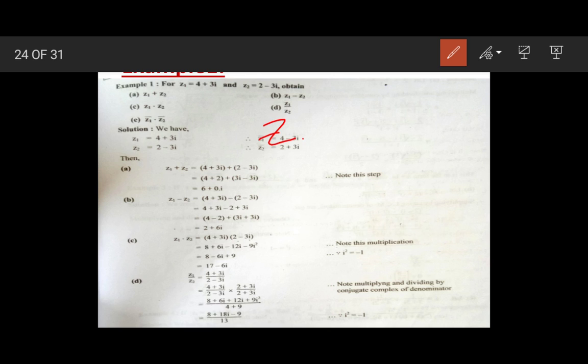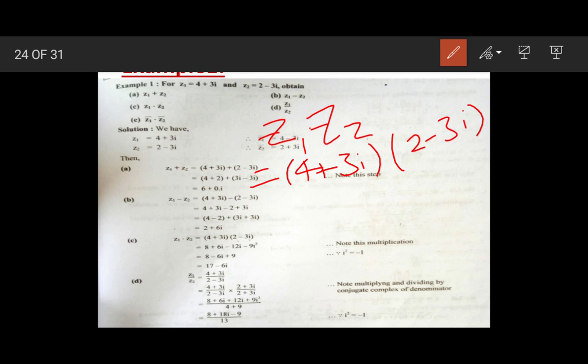So z1 into z2 means 4 plus 3i into 2 minus 3i. I am taking 4 and multiplying with the whole bracket, so that will be 8 minus 12i.